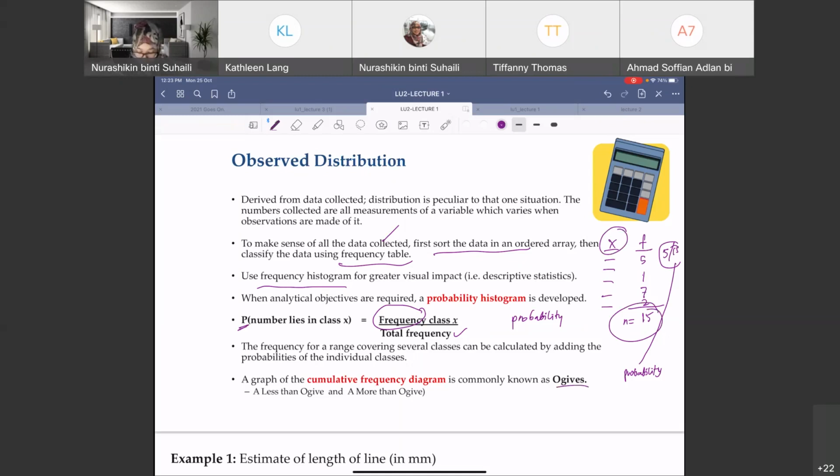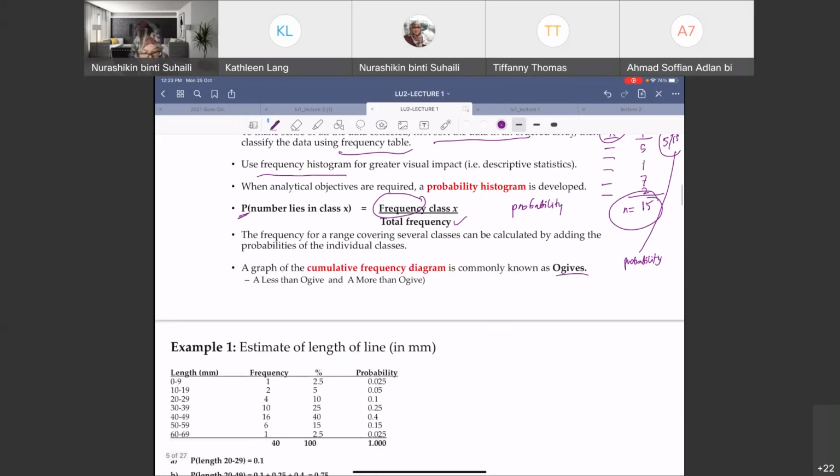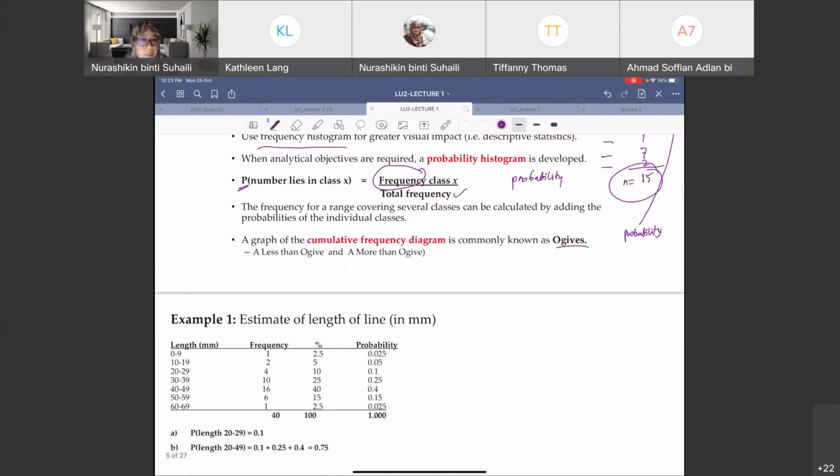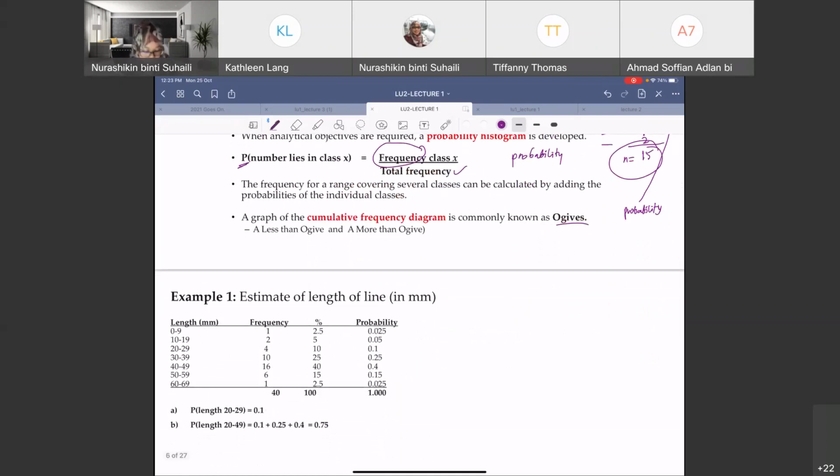So we cover this. That is the simple probability. Here the frequencies are given as 1, 2, and to find the probability you divide by the total number. 1 over 40 is 0.025. 2 divided by 40 is equal to 0.05. How do you know whether the values are correct or not?